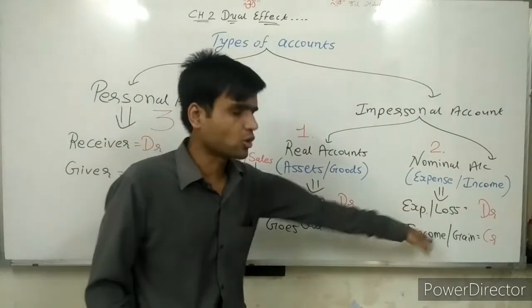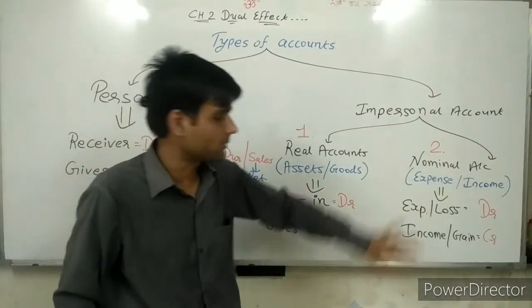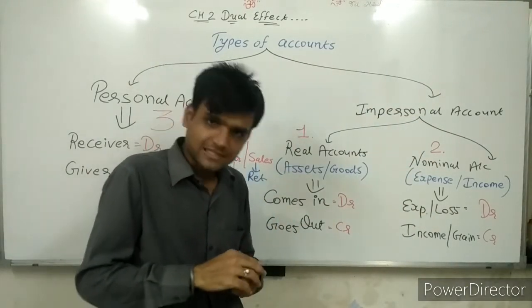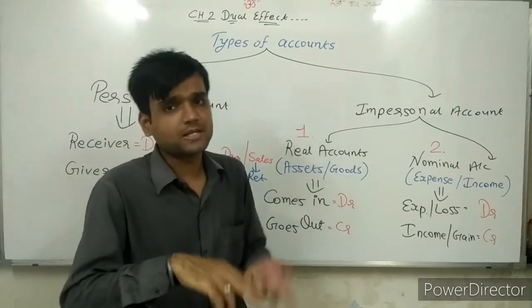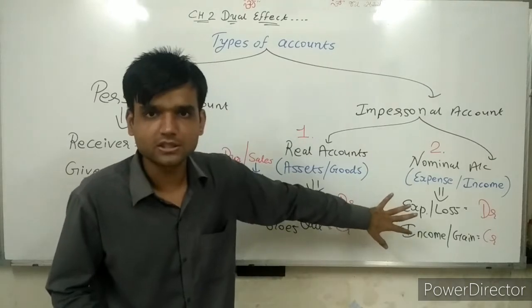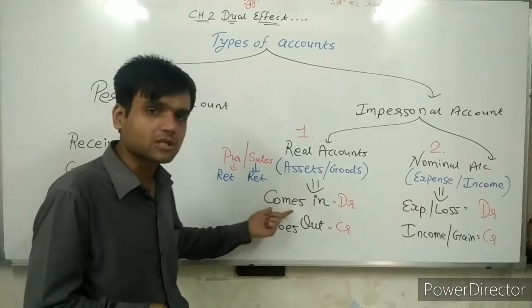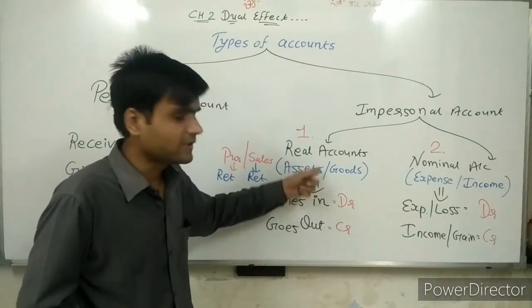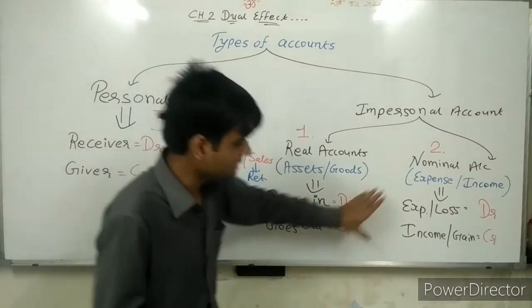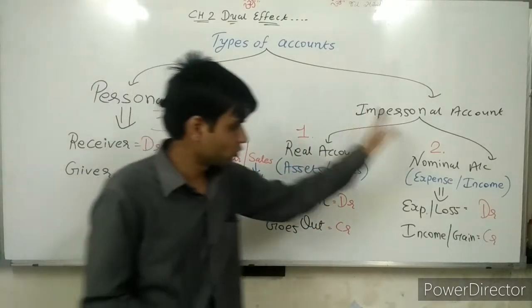Sales already credited, so don't write other income, because that is considered only for other types of income and expenses. Purchase and sales related things are not considered here. If we are purchasing, it is an expense, but we write purchase account debit. If we are selling, sales account credit. It is my income, but it is not considered here because it is related to goods first.